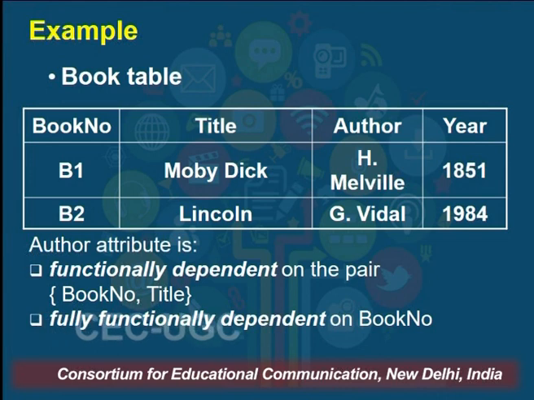For example, we have seen that author is functionally dependent on the pair book number and title. Now assume I remove the title from here and we have only book number. Can we say that author is still dependent on book number? Yes, because author can be determined from the book number.